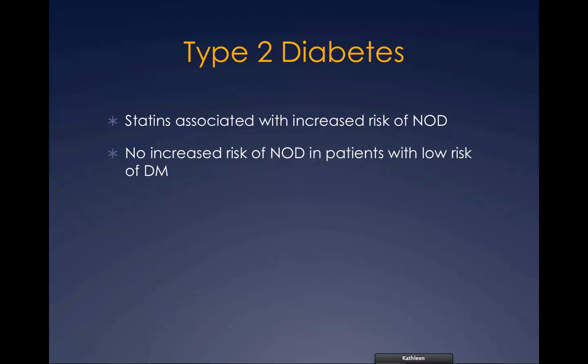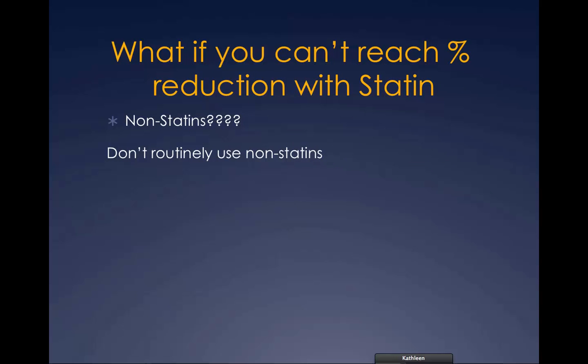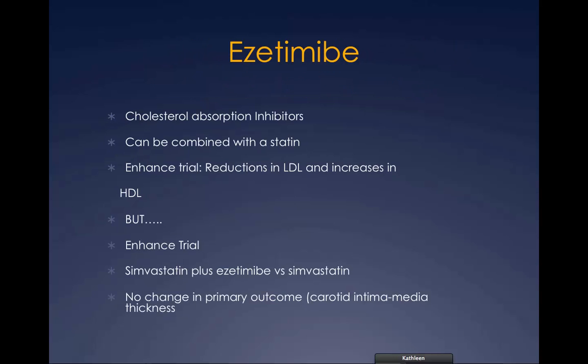What if you can't reach a percentage reduction with a statin? Can you use non-statins? They're very questionable. The evidence is not showing that they're as good as the statins. So you don't want to routinely use non-statins. Here are some of the non-statins. Ezetimibe is a cholesterol absorption inhibitor.